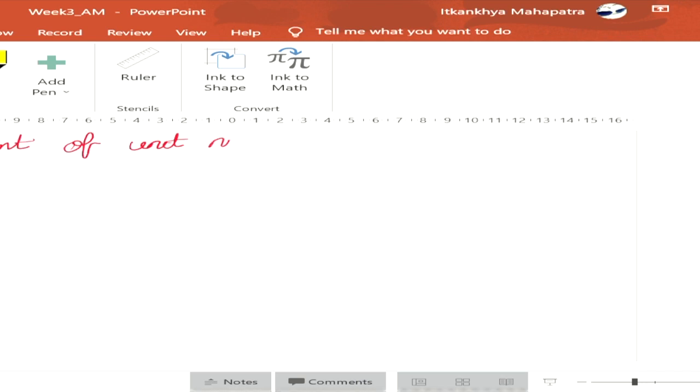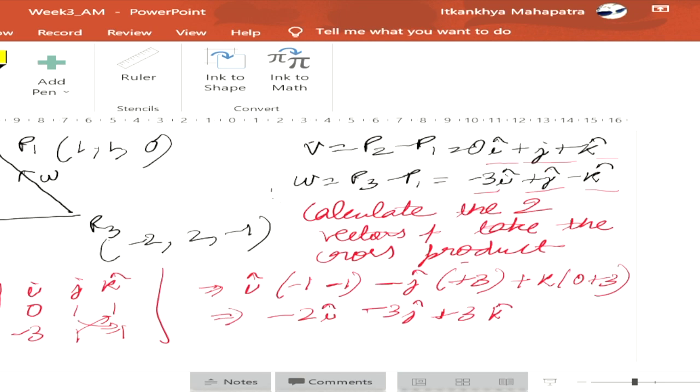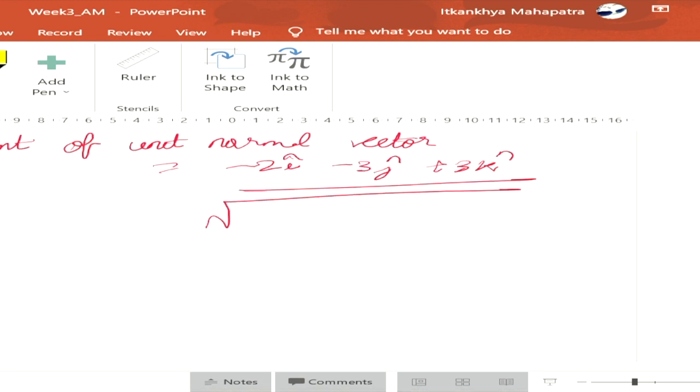Now we will take out the coefficient of the unit normal vector. This will be minus 2 i cap minus 3 j cap plus 3 k cap divided by the root of 2 squared plus minus 3 squared plus 3 squared.